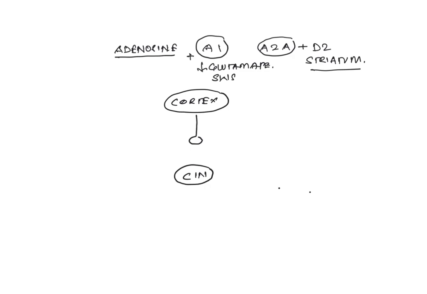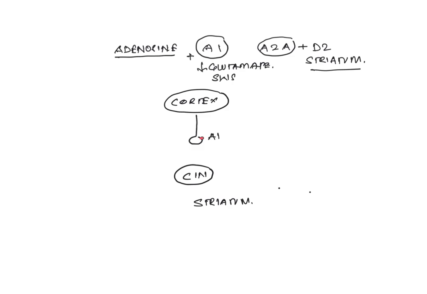The striatum is your basal ganglia. These projections from the cortex to the striatum are called the corticostriatal pathway. And the nerve terminal here is rich in adenosine A1 receptor, right?